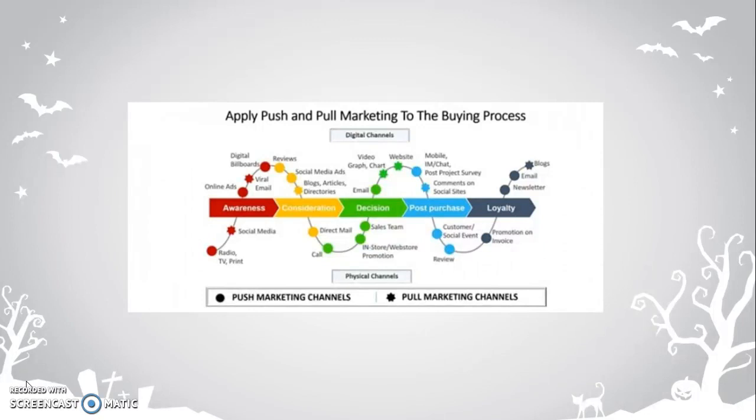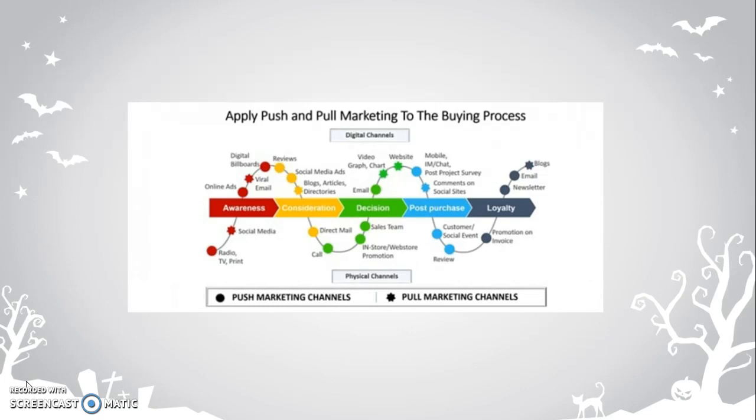So how do we apply the push and the pull marketing methods to the buying process? The buying process is, first, we make customers aware that they have a need, then they take it into consideration, they make a decision, they have a post-purchase behavior, and then they become loyal or not.